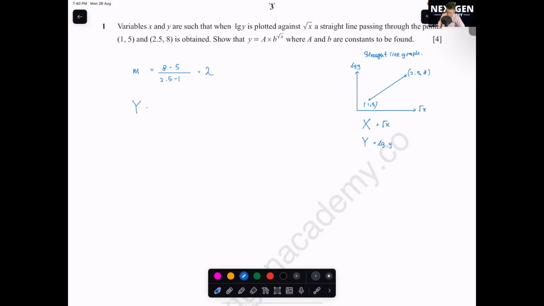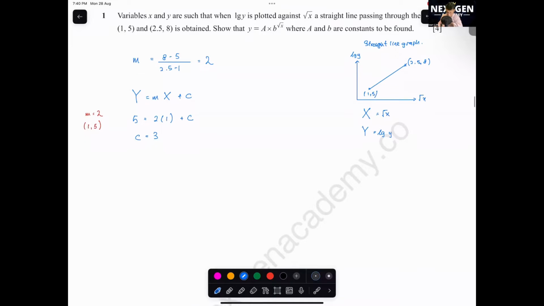Then what I want to do is sub into big Y equals m big X plus C. I'm going to just use one of the points. So we have m equals 2. My X and Y, let's just take 1 and 5. So we sub it in: 5 equals 2 times 1 plus C. C is equal to 3.